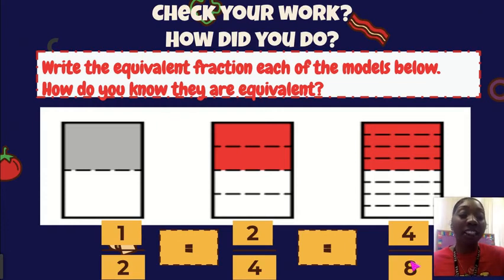And so that fraction would be 4/8. So 1/2 is equal or equivalent to 2/4, which is equal or equivalent to 4/8, because if we look at each of our figures, we can see that they have the same amount that is shaded in each figure.